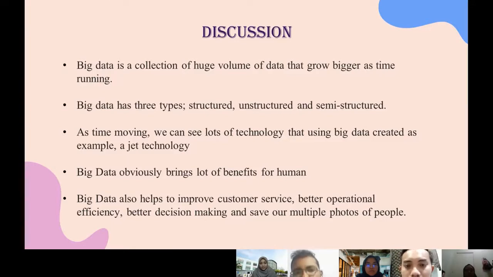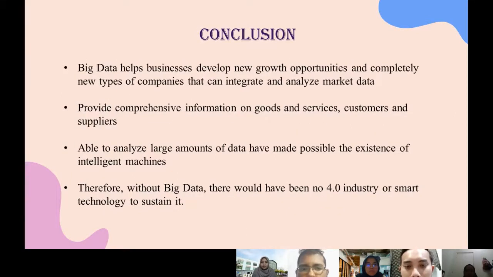Big data also helps to improve customer service, operational efficiency, and decision making. And big data helps businesses develop new growth opportunities and completely new types of companies that can integrate and analyze market data, providing comprehensive information on goods and services, customers and suppliers.